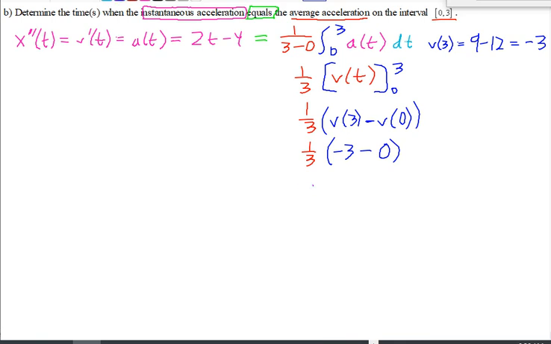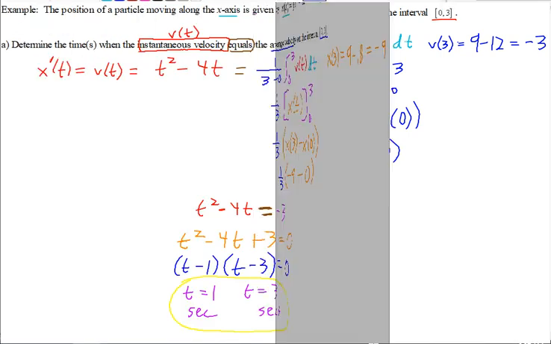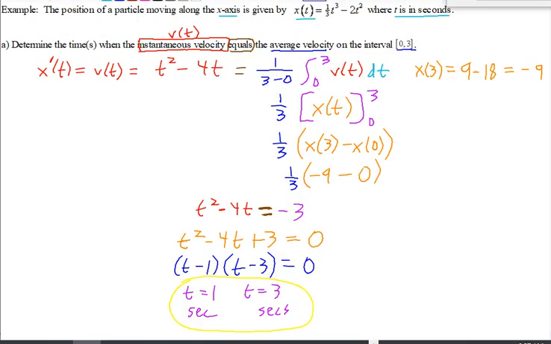So that's our average acceleration on the interval 0 to 3, negative 1. So we're looking to see when does this instantaneous acceleration, 2t minus 4, equal that. This one's a little easier to solve. You can just add over the 4 and get 2t equals 3. So t would equal 3/2, or 1.5 seconds. In this case, there was just one time, whereas on part A, there were 2 different times, time 1 and time 3.